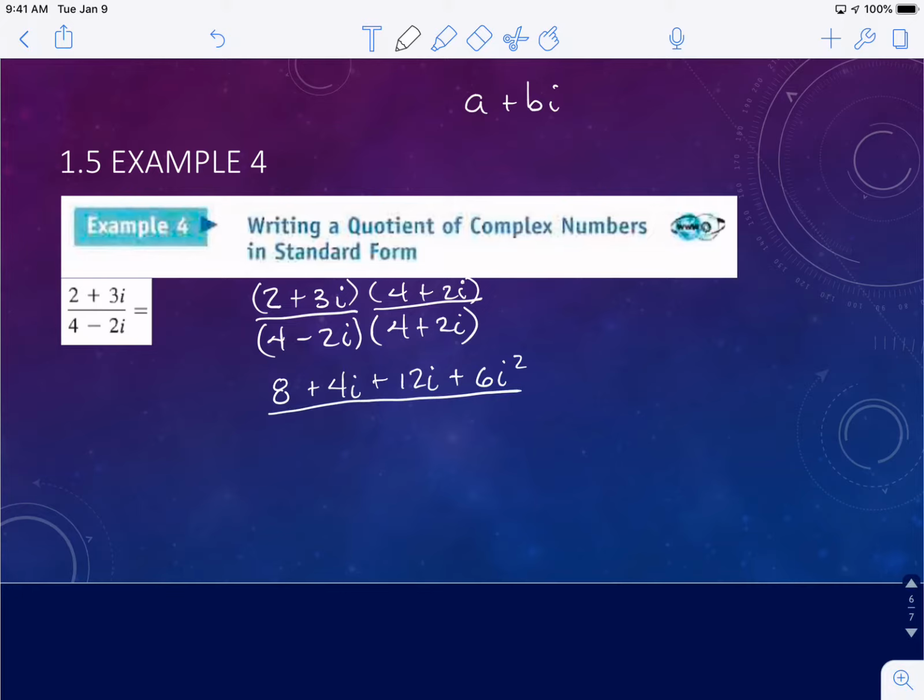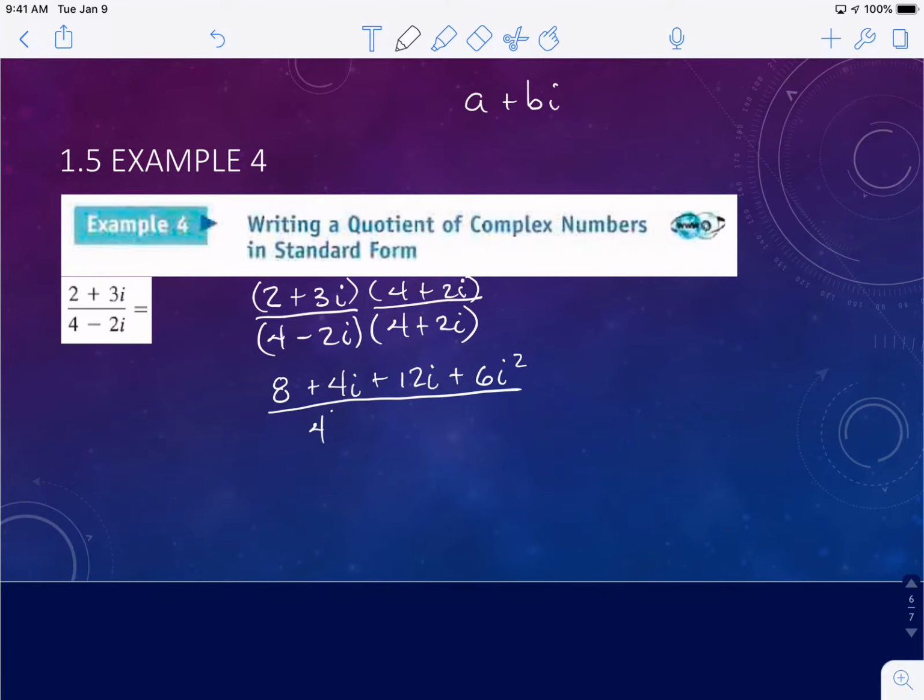Down below, we already know that that's a difference of squares. That's the trick that we're using. So we'll just go ahead and write that as 4 squared minus, and I'll put in parentheses, 2i squared. So remember, i squared is equal to the square root of negative 1 squared, so that makes it equal to negative 1 when we evaluate it.